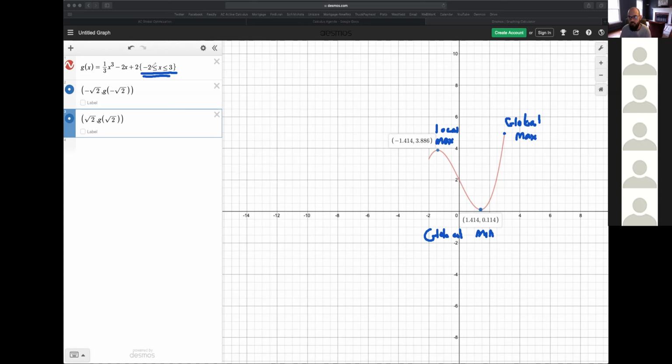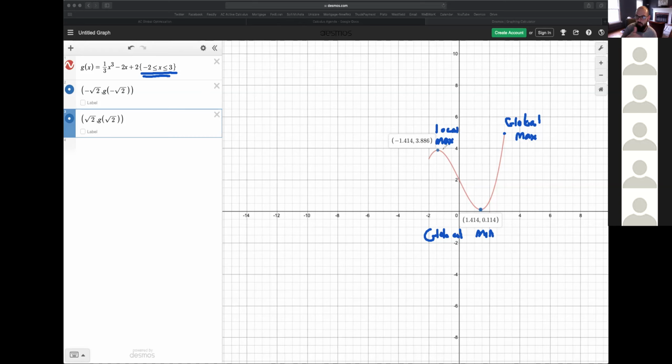Yeah, so this just depends on a definitional thing. Personally, I like to think about the endpoints as being local maxes, but a lot of authors don't consider that because you can't pick anything else on the other side of it. So depending on who the author is, it's how they define what a global max or a local max is. A lot of the time, people are going to say you have a local max if you can pick things on the left and the right that are smaller, right?